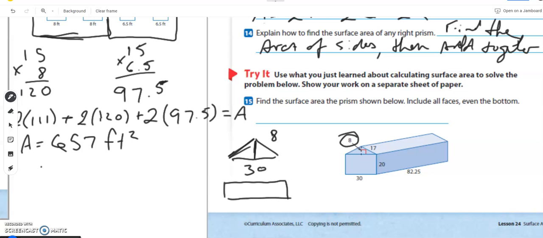I'm just going to draw one of each of these faces, which is 30 right there, by 20. You know, that looks more like the sides. I'm going to shorten this up some.